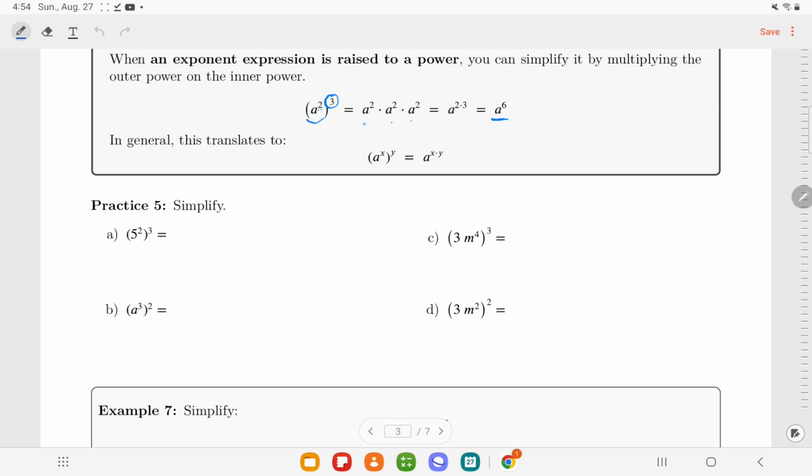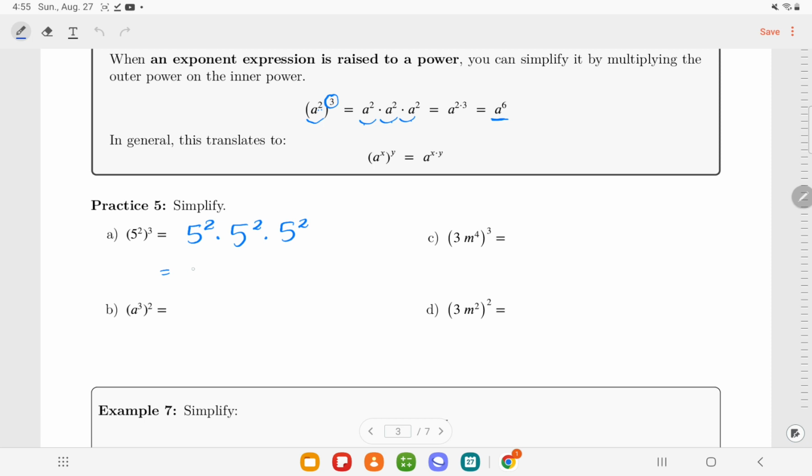However, I would suggest doing this question the longer way for the first few times. All right, so we have 5 squared to exponent 3. That's 5 squared times 5 squared times 5 squared.